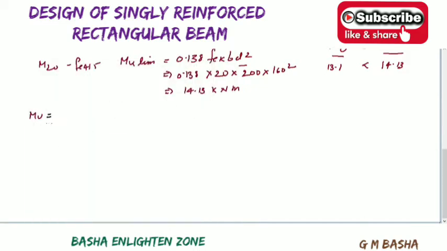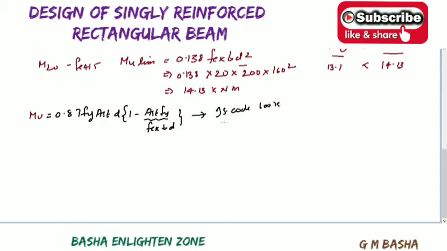Mu will be equal to 0.87 fy area of the steel into d into 1 minus area of the steel fy by fck into b into d. This is the simplified formula which is in the Indian Standard Code book, IS 456 2000, page number 96.